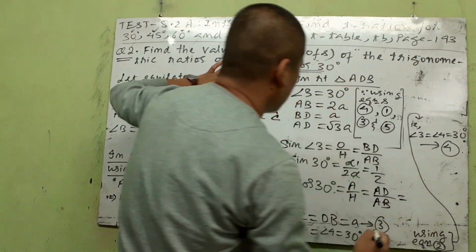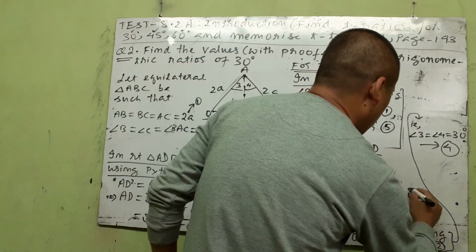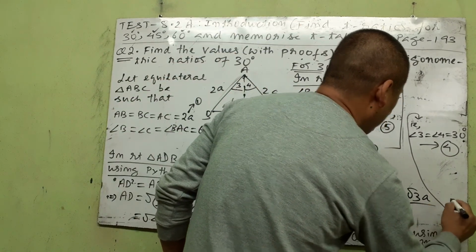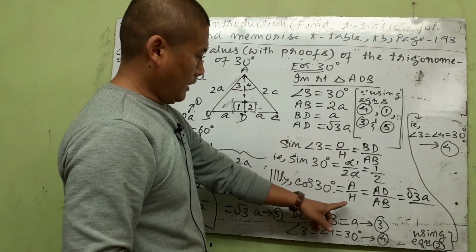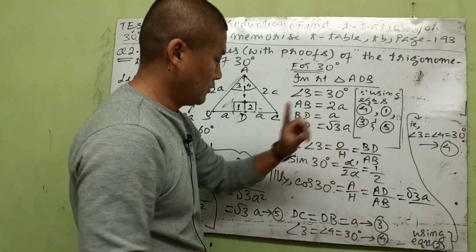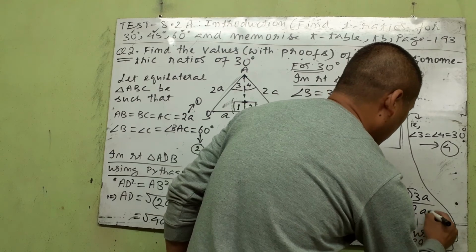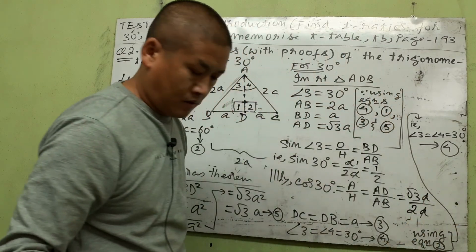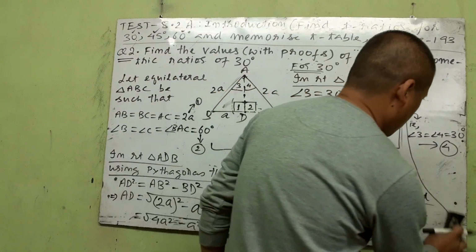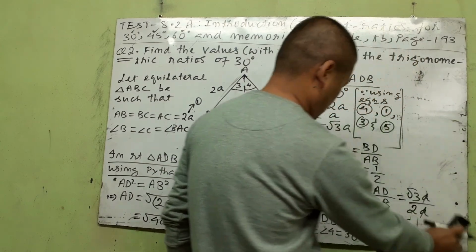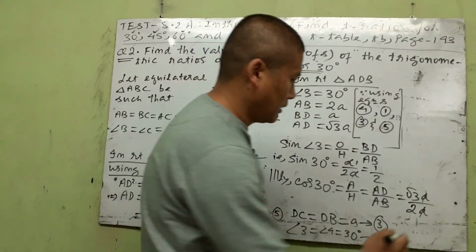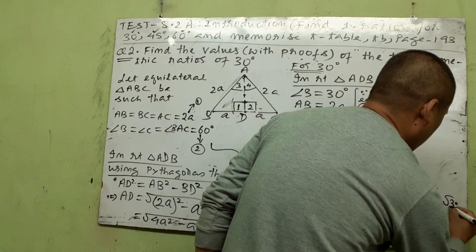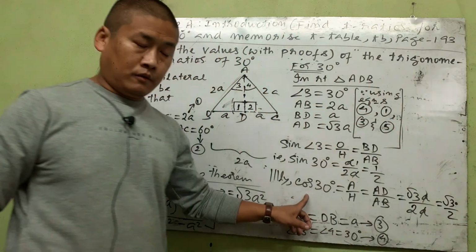So AD here, as you can see, is root 3a divided by hypotenuse AB, whose value is 2a. Cancelling these two values, we are going to get root 3 by 2 as the value for cos 30 degree.